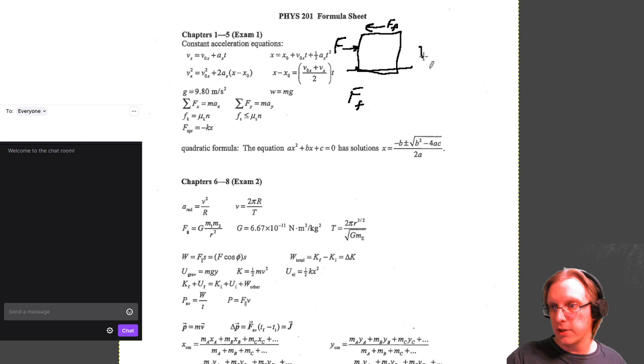If v is equal to 0, meaning it is moving nowhere, then the force of friction must be provided by static friction, and it must be equal to the force that has been applied.